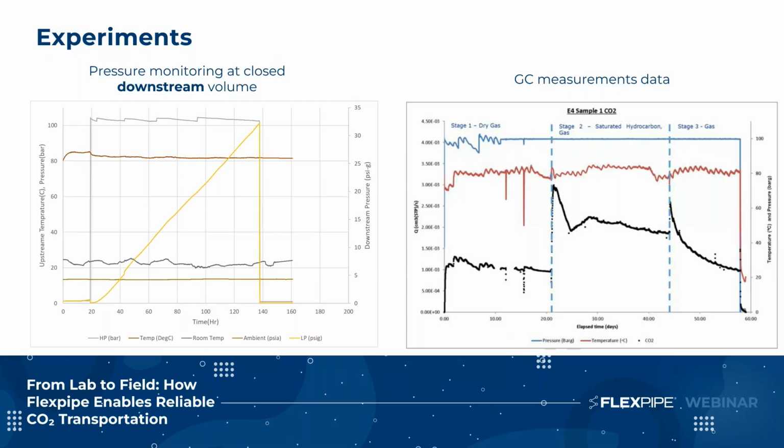Throughout the experiment, we ensure that both the upstream pressure and the cell temperature remain stable. On the plot to the right, you can see the CO₂ gas component trace obtained using the GC measurement. The black line represents the CO₂ flux over time, and it highlights how the permeated flux responds sensitively to fluctuations in both pressure and temperature.